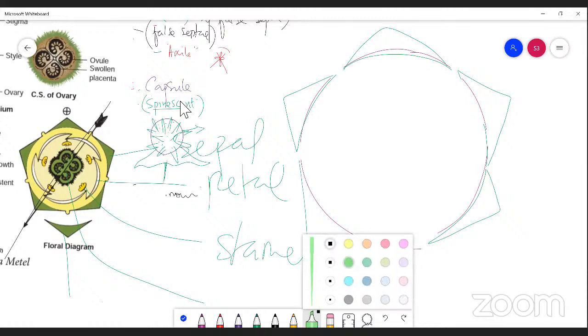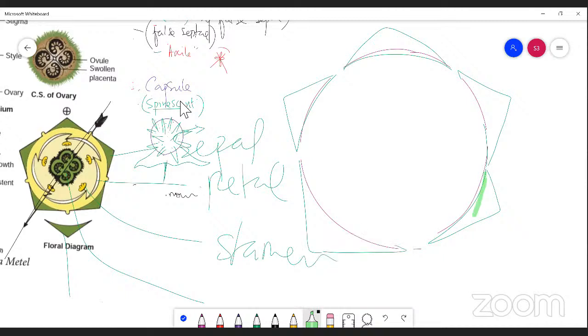Now, if you want to shade, you can shade them. Sepal number 1, and this is sepal number 2, sepal number 3, sepal number 4, and sepal number 5, which you can draw easily.